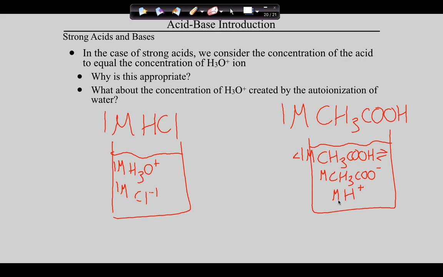But how much more than 0? The same as the amount that this went down from 1. Guys, let's say that again. What will the molarities of these be? The same as the amount that went down from 1.